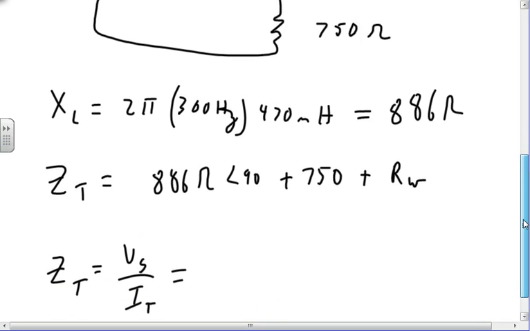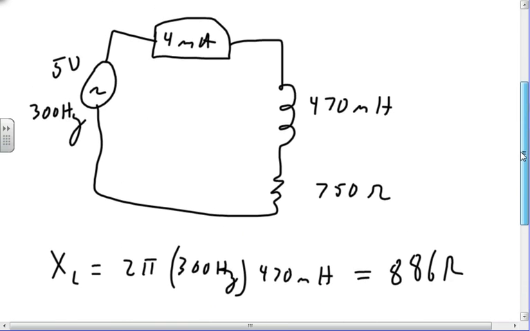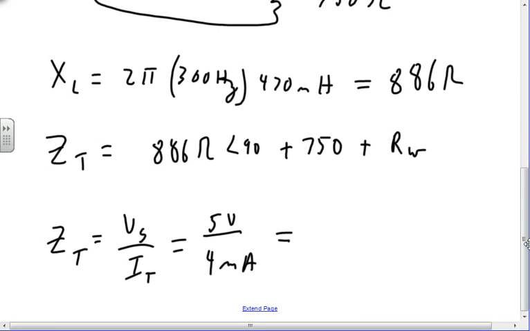All right, well, we know the source voltage, 5 volts, and 4 milliamps. Those are given to us. So 5 divided by 0.004 is 1,250 ohms.